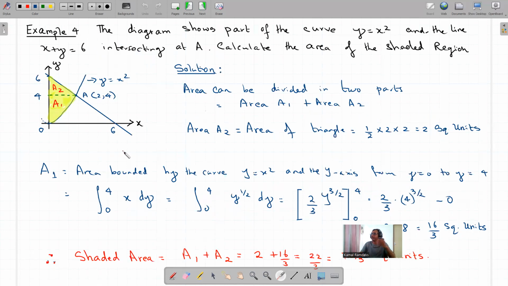The diagram shows part of the curve y is equal to x squared, and the line x plus y is equal to 6, intersecting at A. Ça, c'est 2. Ça, c'est 4. Calculate the area of the shaded region.